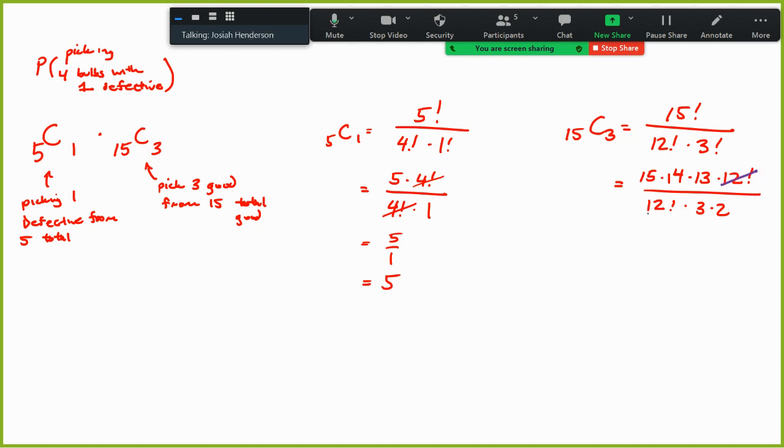Twelve factorial over 12 factorial cancels. Now, 14 over 2 can become 7. And 15 over 3 can become 5. So what's left? There's nothing else to cancel. 5 times 7 times 13 is 455.